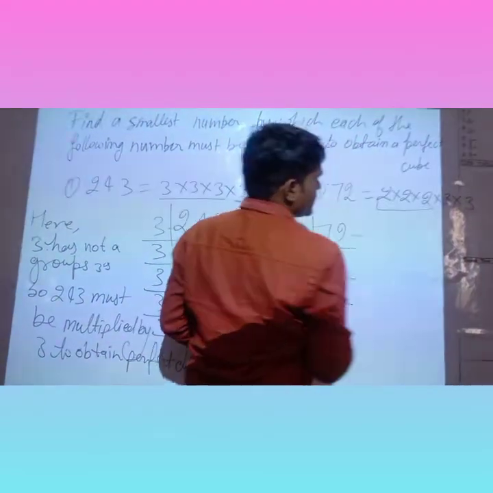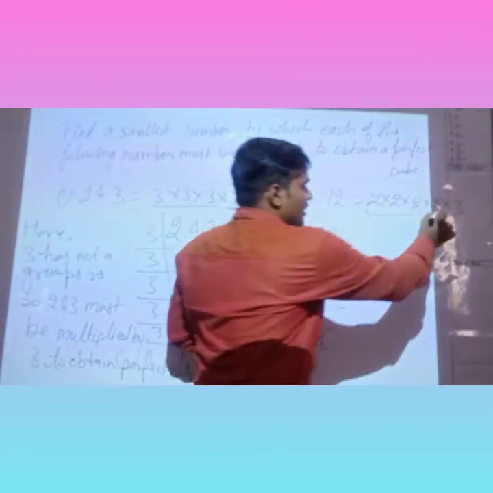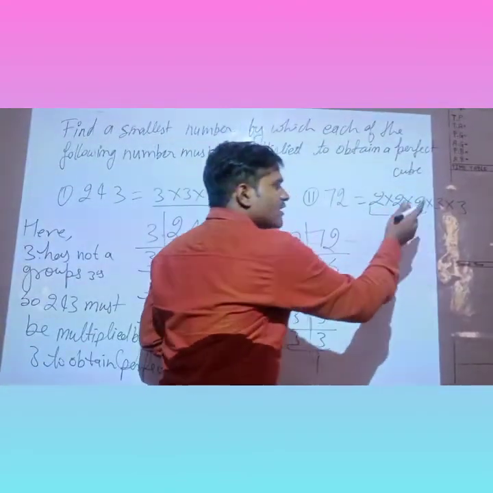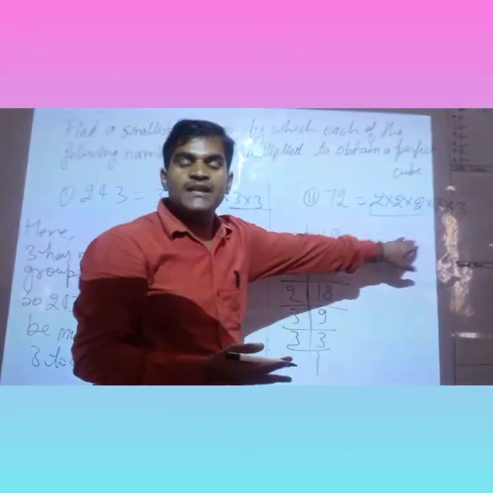Here 2 has a group of 3, but factor 3 is not in a group of 3. So by which number do we have to multiply? We multiply by 3.